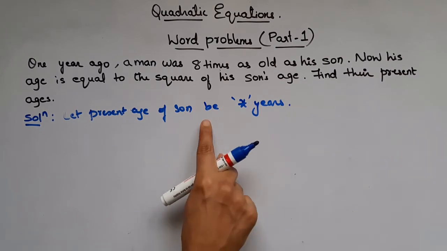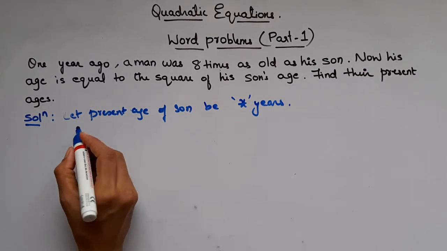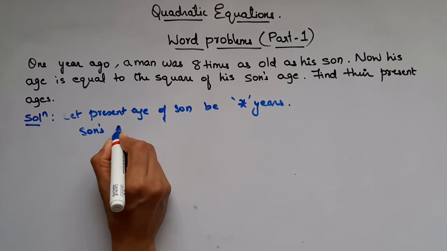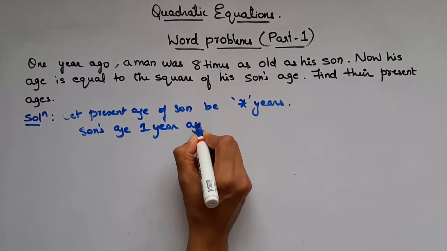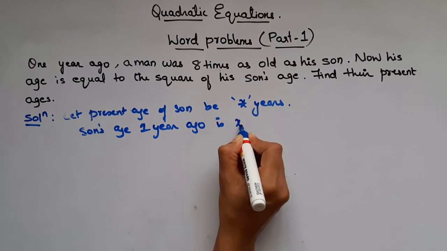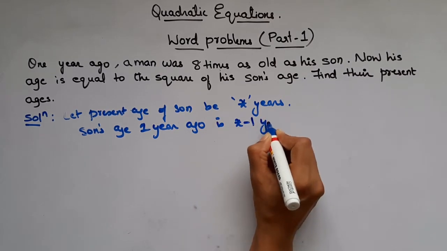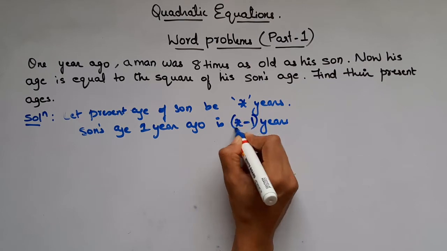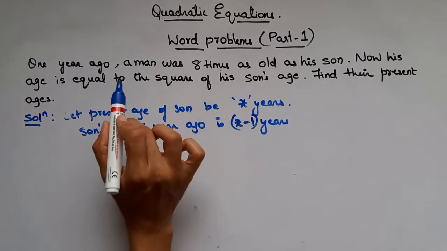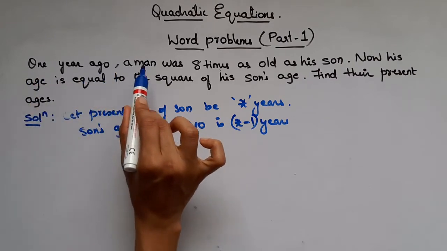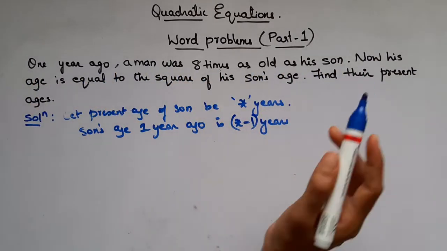Alright. Son's age 1 year ago is x minus 1 years, that is before 1 year. Here it says 1 year ago man was 8 times as old as his son.